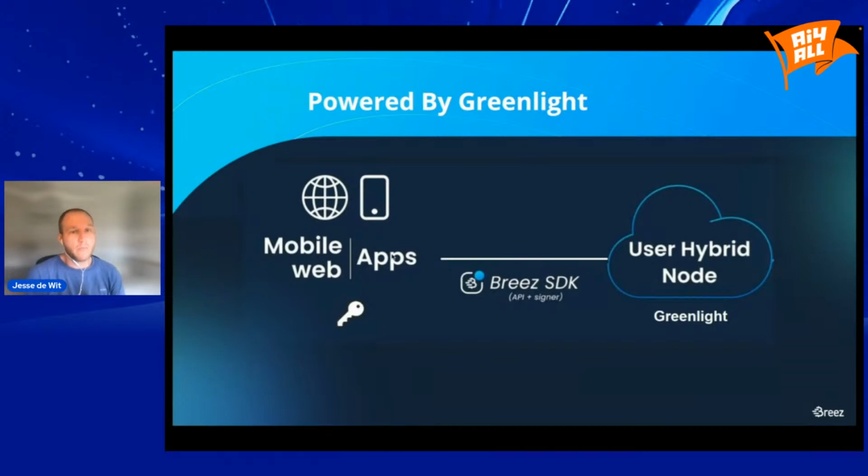So this method works a lot better because both apps can interact with the same Lightning backend. And having a backend for your app, that's just a much better suited model for mobile. So that's the Greenlight part.